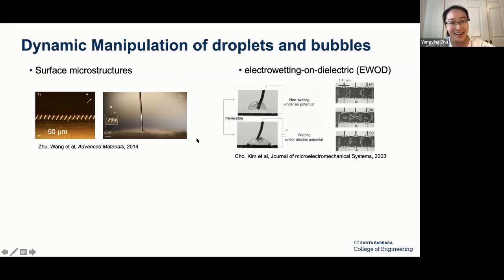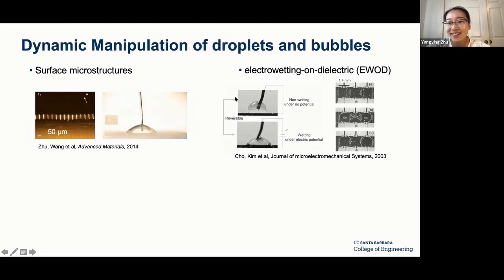However, if you look at many of the magnetic papers, the major limitation is that usually we need a really, really high magnetic field. So this is a little bit less practical and not easy to implement.